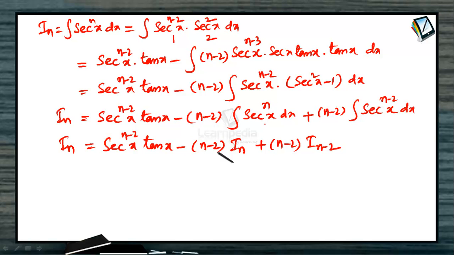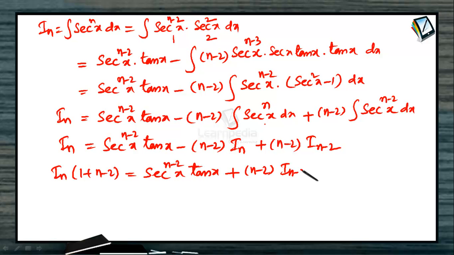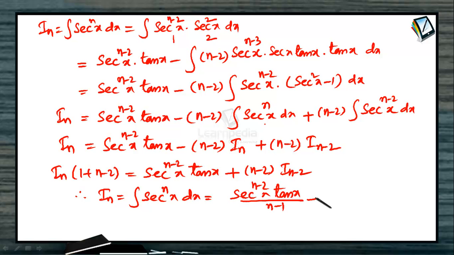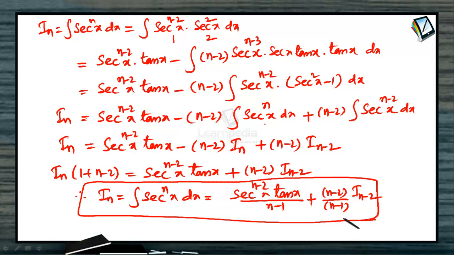If this minus n minus 2 I_n is taken to this side, I_n into 1 plus n minus 2 is equal to secant power n minus 2 of x into tan of x plus n minus 2 of I_{n-2}. Therefore I_n, the integral of secant to the power of n x dx, is, with n minus 1 coming to the denominator, secant power n minus 2 of x into tan of x by n minus 1, plus n minus 2 by n minus 1 of I_{n-2}. So this is the sixth reduction principle.